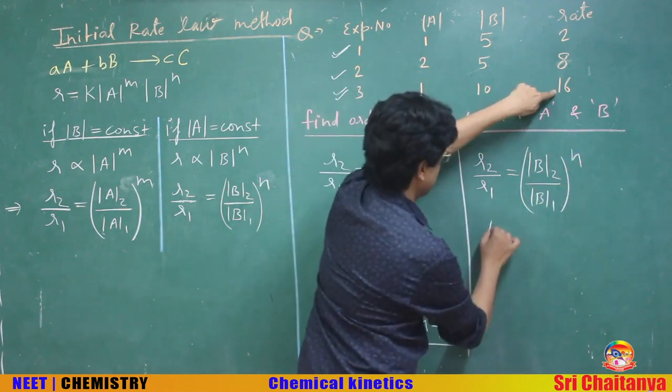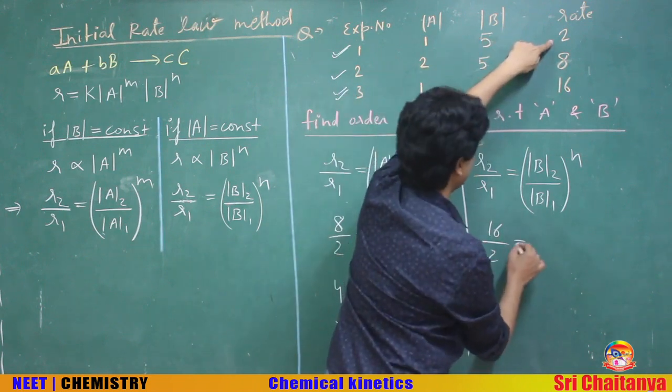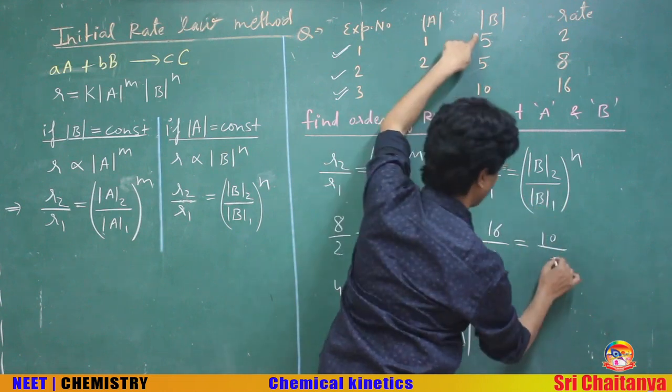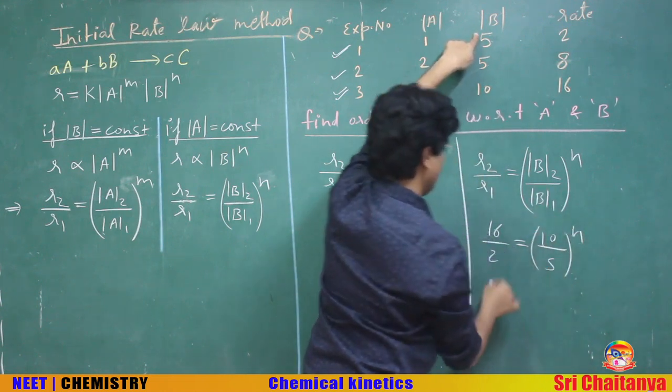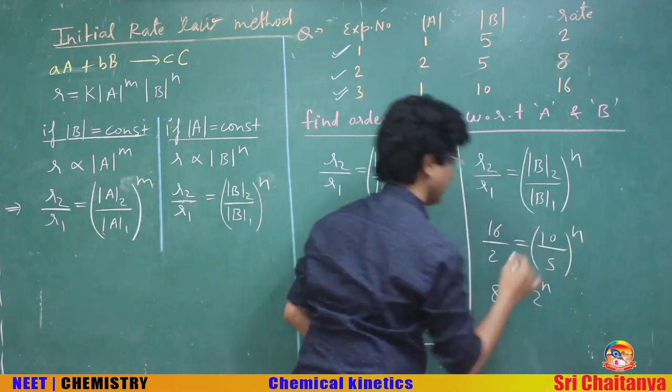R2 will be 16, R1 will be 2, should be equal to B2 will be 10, B1 will be 5, to the power of n. Solve it, it will be 8 equals 2 to the power of n.